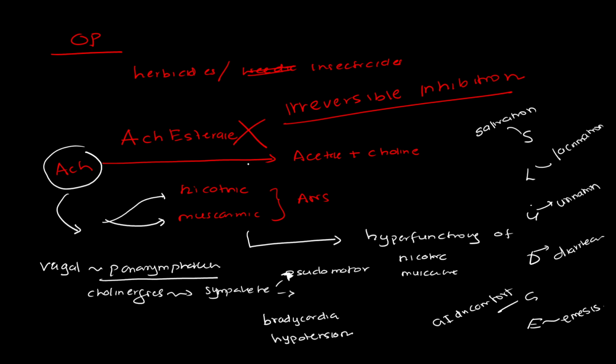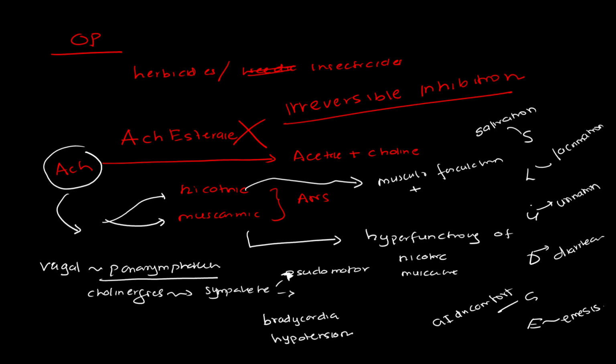Especially the nicotinic receptors that are found in the muscles will cause muscular fasciculations. And why is that? Because acetylcholine is the prime neurotransmitter which works at the nerve terminals of the motor nerves, where it sends information for the muscle contractions to take place.